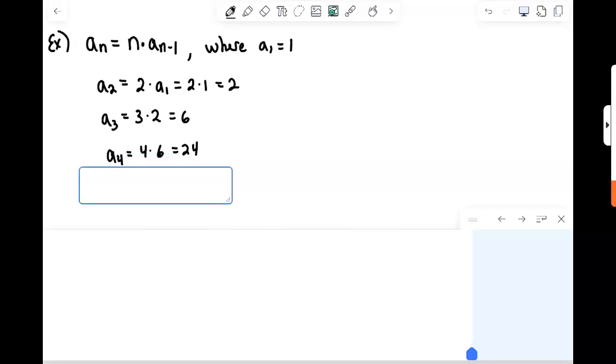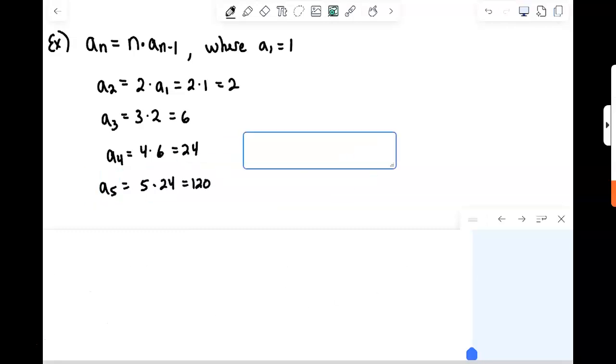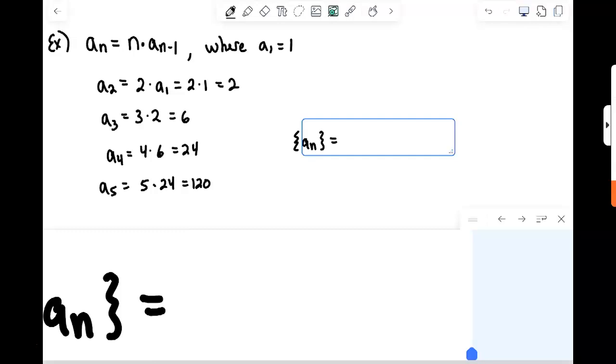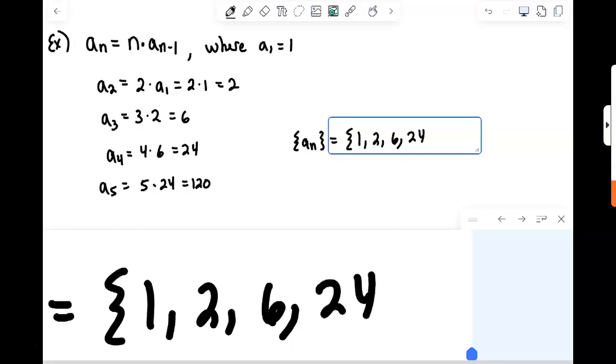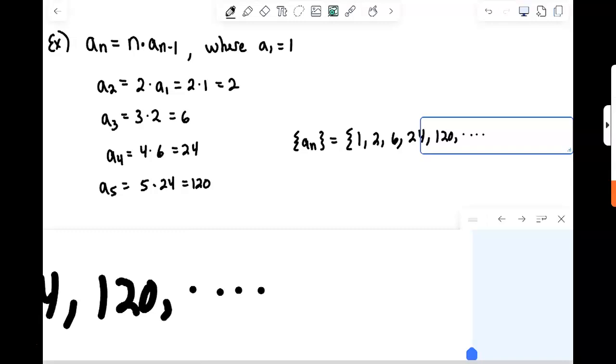A sub 5 would be 5 times 24, which should be 120. So the first few terms of our sequence, generated by this recurrence relation, would be 1, 2, 6, 24, 120, and so on forever.